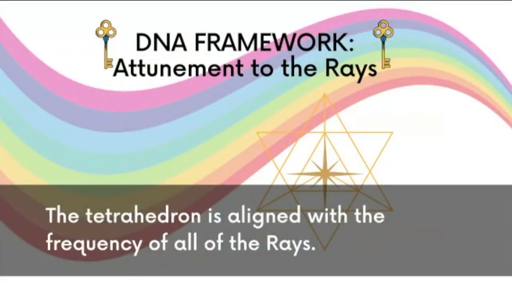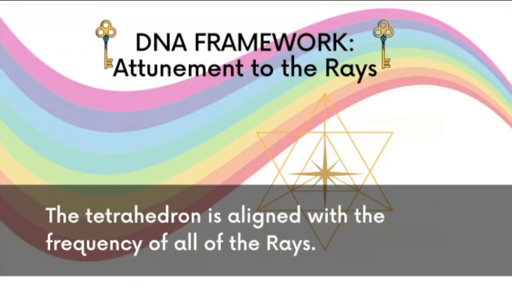This activation of the rays and the crystalline activation, or activation of our crystalline light body, is part of DNA activation and attunement. It is step one. Before we activate our DNA, we activate our crystalline light bodies. And we do this through focus on the tetrahedron. The tetrahedron pictured here is the upward pointing triangle and the downward pointing triangle.